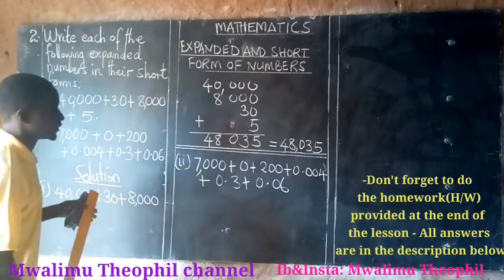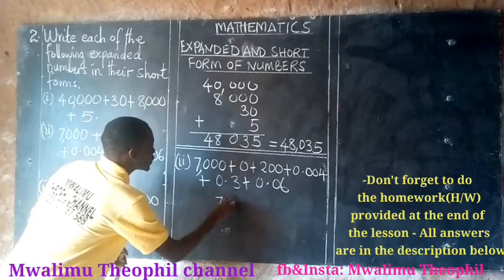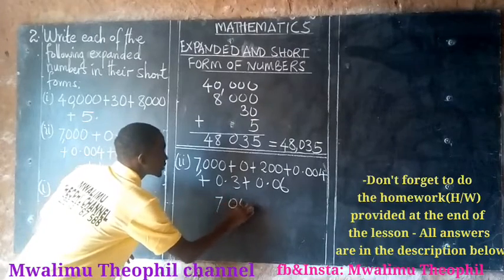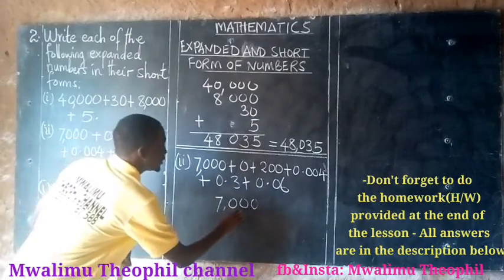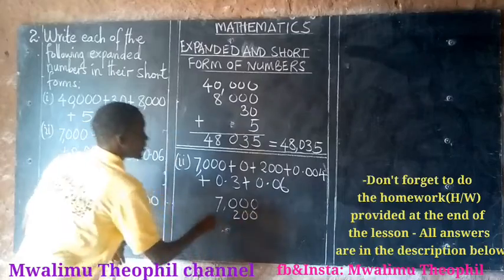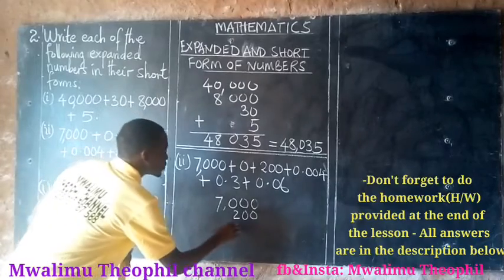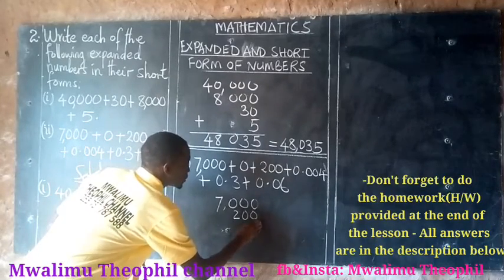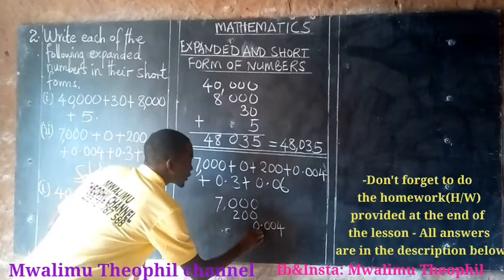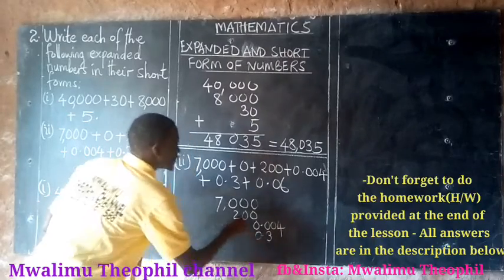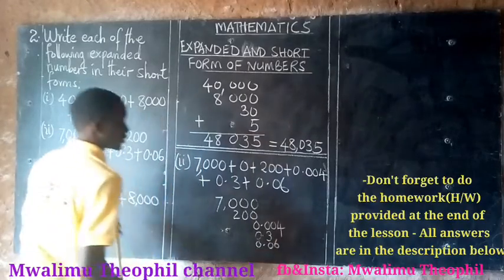of this expansion. And now it will be equal to 7,000 plus 200 plus 0.004 plus 0.3 plus 0.06.